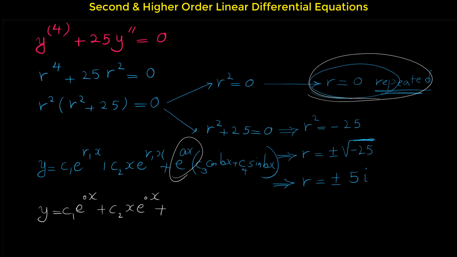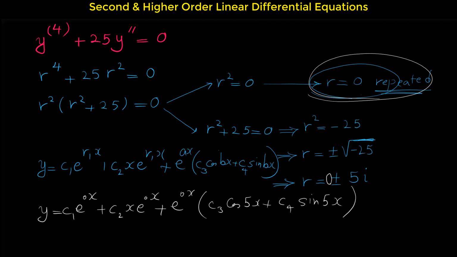A here is 0. Note that when we are finding r here, because we don't have anything here, we can suppose a is 0. So e to the 0x times c sub 3 cosine 5x plus c sub 4 sine of 5x. If we simplify this, we can write it as c sub 1 plus c sub 2 x plus c sub 3 cosine 5x plus c sub 4 sine of 5x. And this is the final solution of this differential equation.